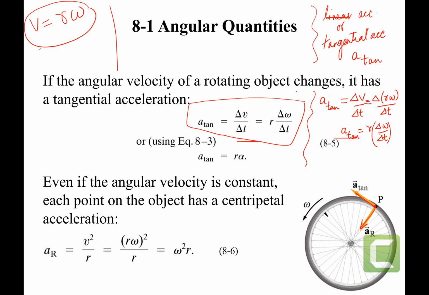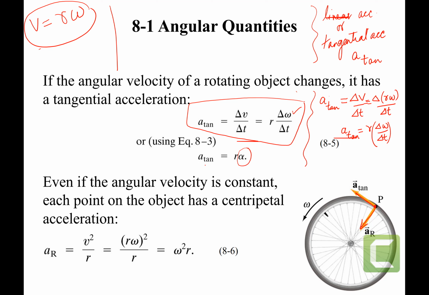And this delta omega over delta T is nothing but angular acceleration, because delta omega represents change in angular velocity over time. Change in velocity over time simply means acceleration, but since this is change in angular velocity, we call this angular acceleration.